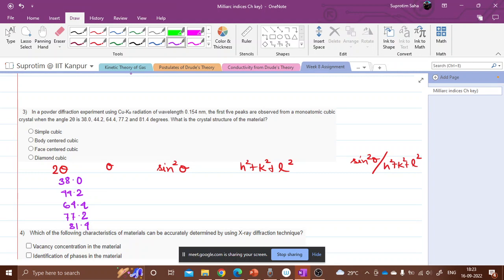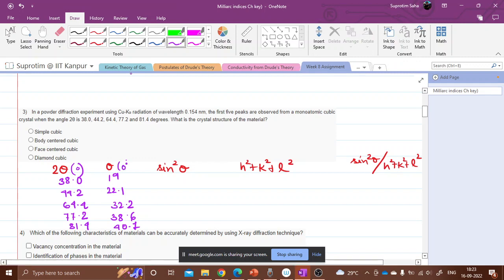81.4. So your theta values would be 19, 22.1, 32.2, 38.6, and 40.7. And these are in degrees.